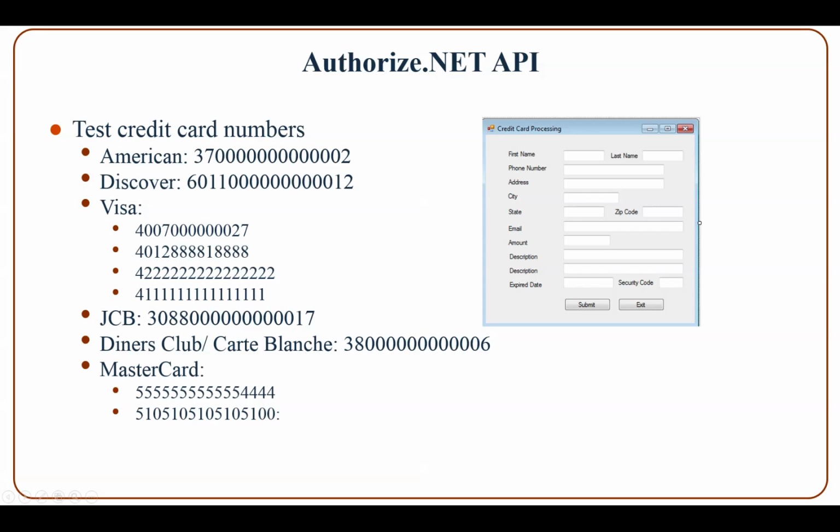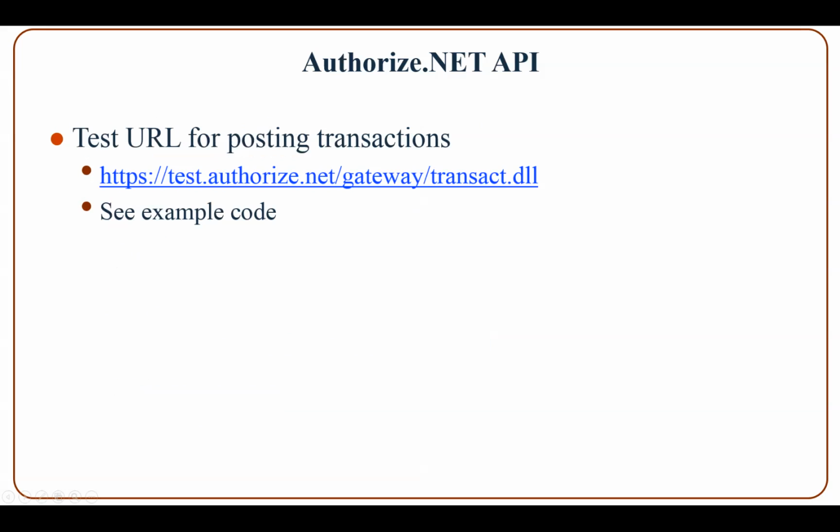In the credit card processing example, you create a form like this. Information on the form is submitted to a test web URL. The details are in the code.